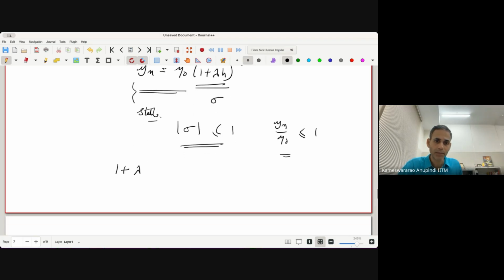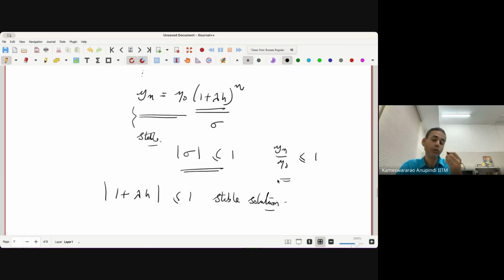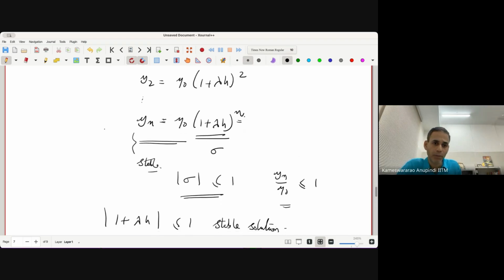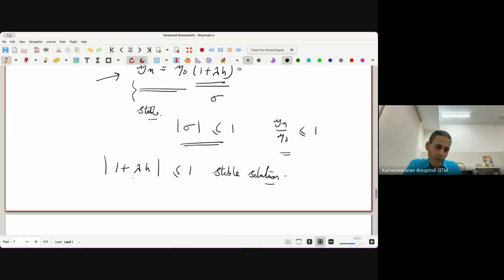That means we want the modulus of 1 plus lambda h to be less than or equal to 1 to obtain a stable solution. Otherwise, y_n will grow as n grows, and if it is more than 1 it will increase and eventually become infinite. Because of the simplicity, we are able to see this for the solution itself. Otherwise, we can think of it as the round off error growing at every step. Now, the modulus of 1 plus lambda h is less than or equal to 1.